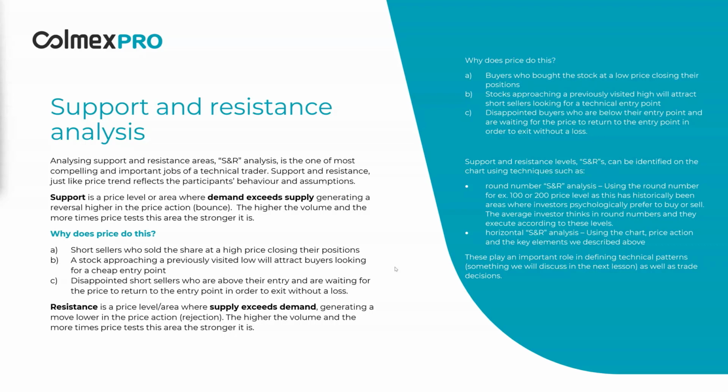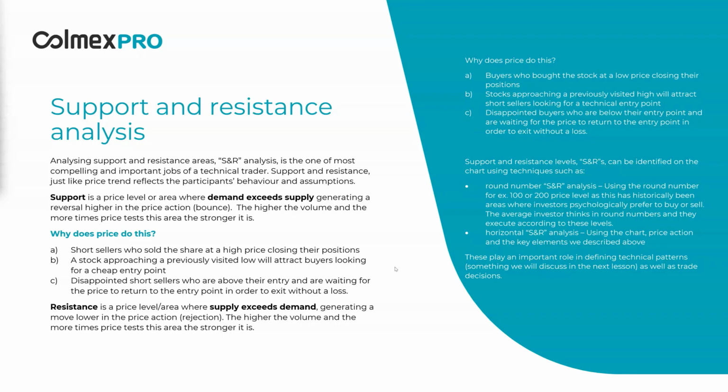This will attract short sellers who are looking for a technical entry point to anticipate the move lower as price will move in their favor. And then you have disappointed buyers who are below their entry point and are waiting for the price to return to the entry point in order to exit without a loss. So all three of these participants with different motives are becoming active at these price levels and areas.